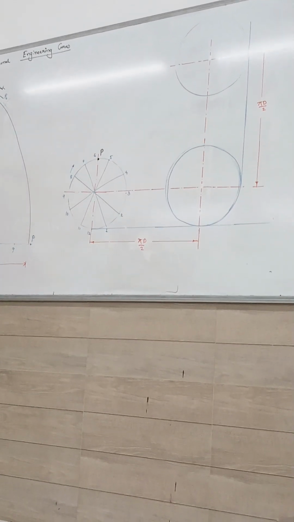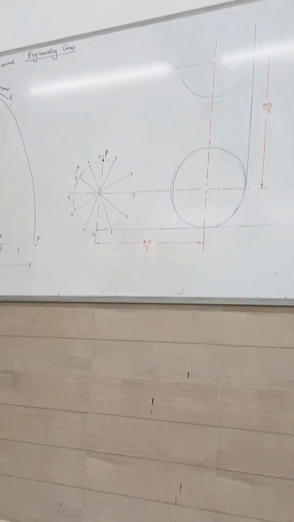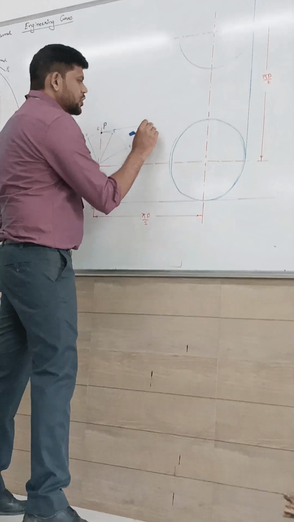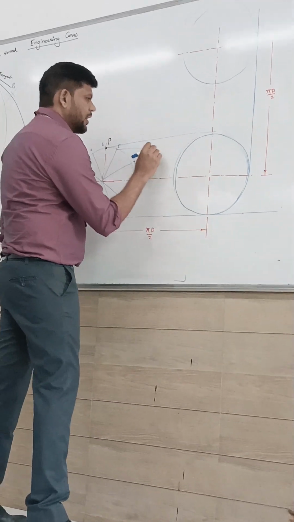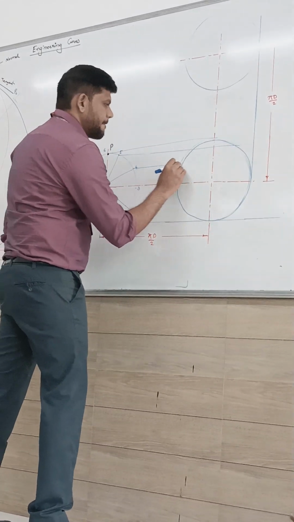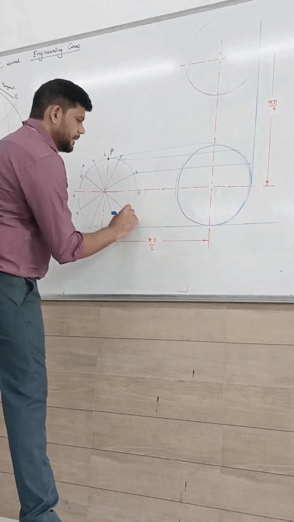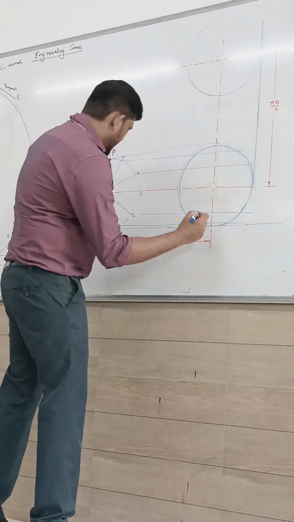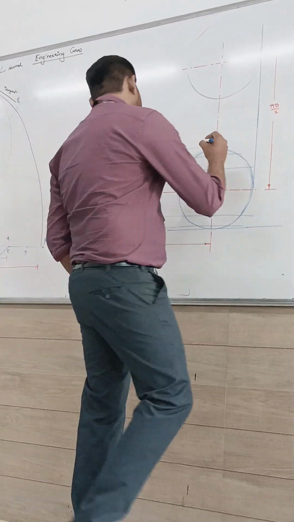Divide it into 12 equal parts. Then again transfer those points on this circle. Again we will name them as the same points.